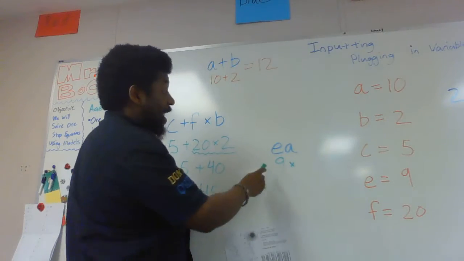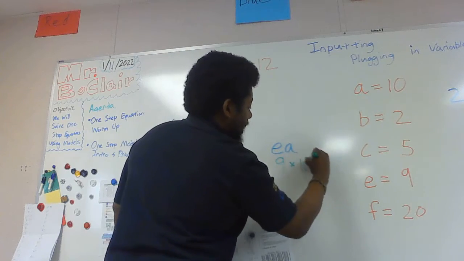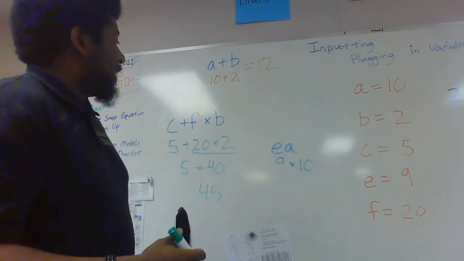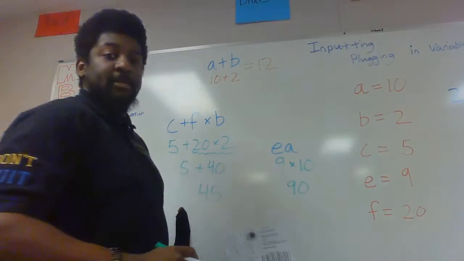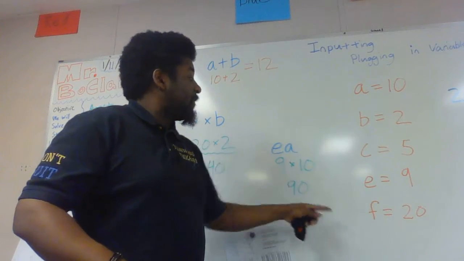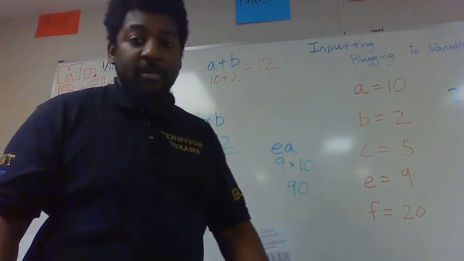So we have 9, which is E, times 10, which is A. So EA, or 9 times 10, is 90. Again, I'm just getting the numbers from the list and plugging in the correct thing where it should go.